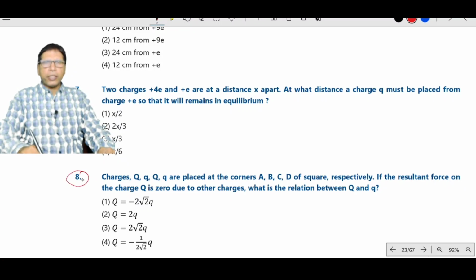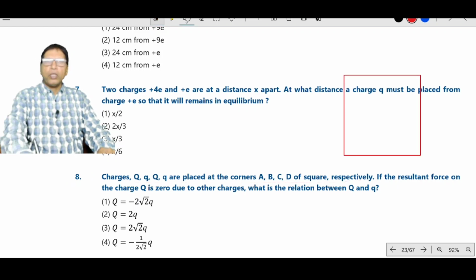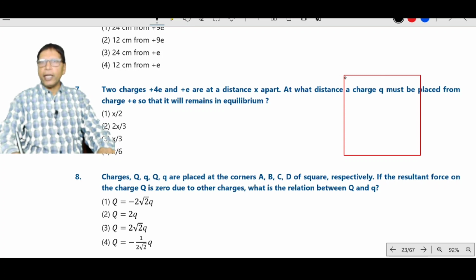Question number 8. Capital Q, capital Q, small q are placed at the corners A, B, C, D of a square respectively. Here, this is a square. Here, charges: this is the capital Q, this is the small q, this is the capital Q, this is the small q.